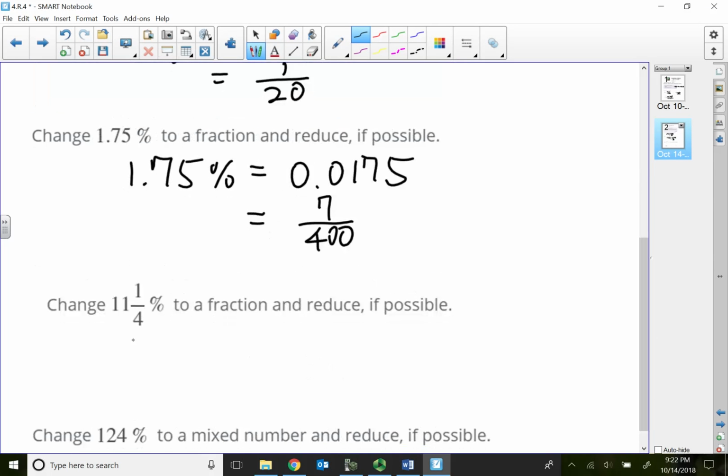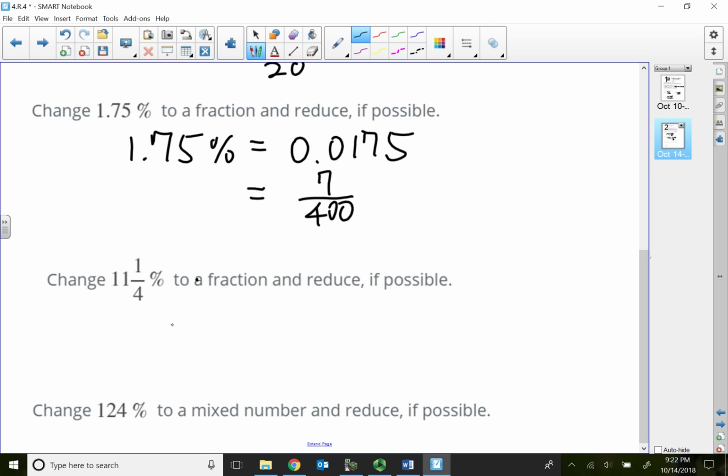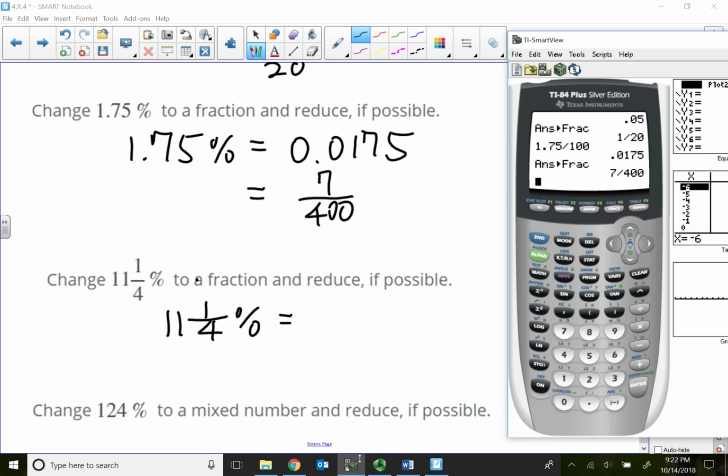All right, this is a percent. This is 11 and 1/4%. That is a percent, okay, because it has percent notation on it. So 11.25%. I'm going to purposely do this in the calculator. To get rid of the percent, I have to divide by 100. But I need to first type in my mixed number.